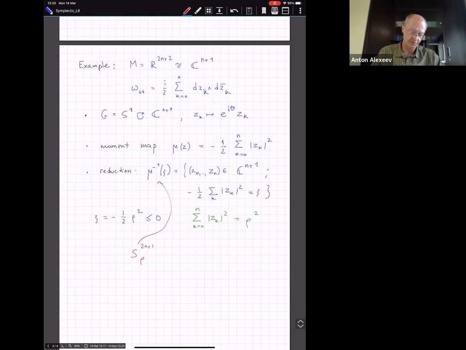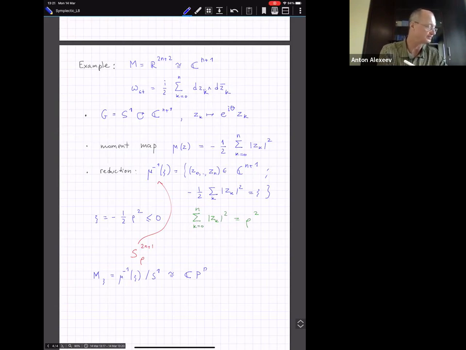And we have an S1 action on that sphere. So M_psi is mu^-1 of psi over S1. And you probably recognize it is isomorphic to CP^n. So you divide this sphere by S1, you get CP^n.